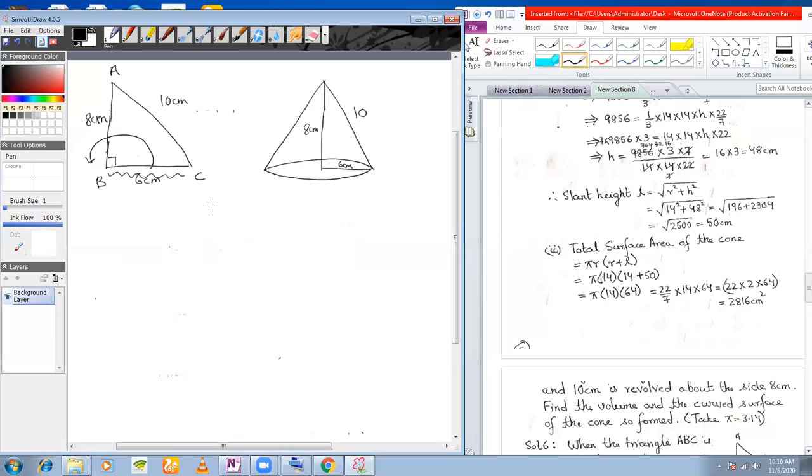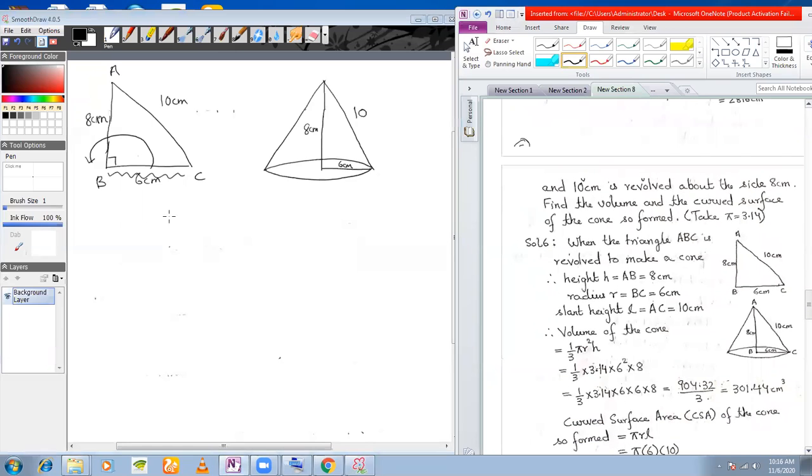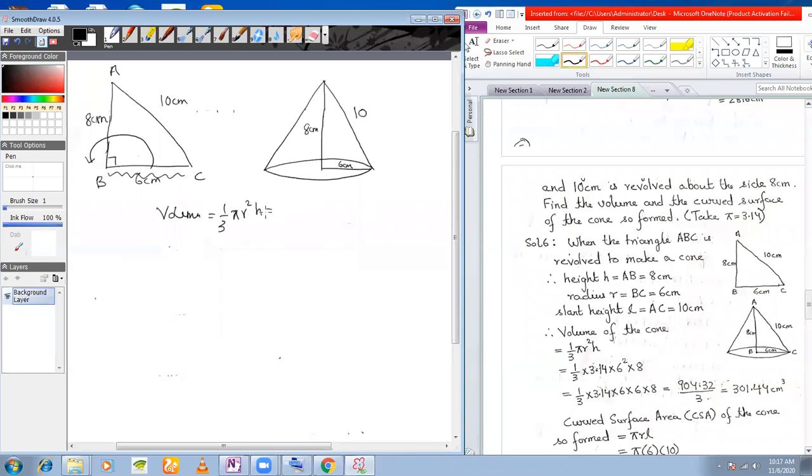Now you can find out the area, curved surface area, whatever you want, because you know everything. So what should be the volume? Volume of the cone is 1/3 pi r square h. Value of pi they have given 3.14. So we put 3.14 into r square into h.